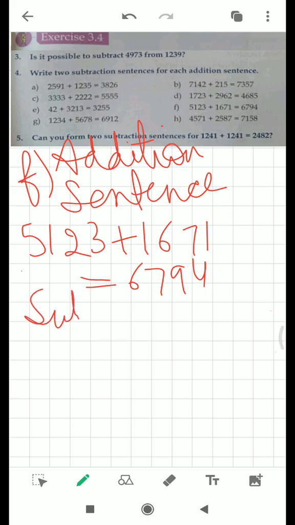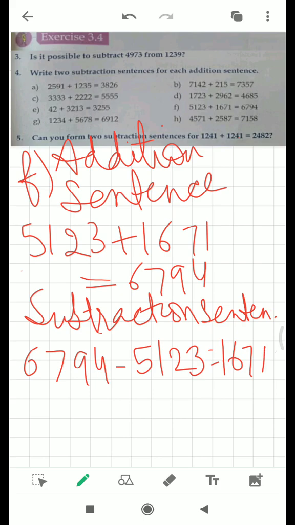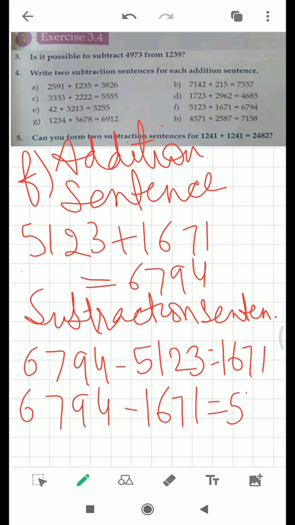Your subtraction sentences will be 6794 minus 5123 equals 1671, and 6794 minus 1671 comes out to be 5123.